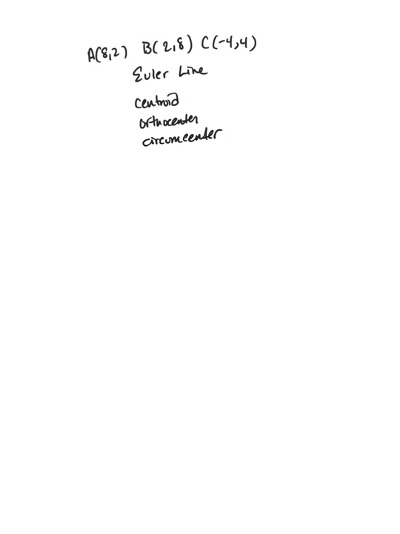So the way we're going to do this is we're going to find the centroid, and then we're going to find the circumcenter. The easiest way to find the centroid is to add all the x's together and divide by 3, all the y's together and divide by 3. So what do we get? 10 minus 4 is 6 divided by 3, which is 2.